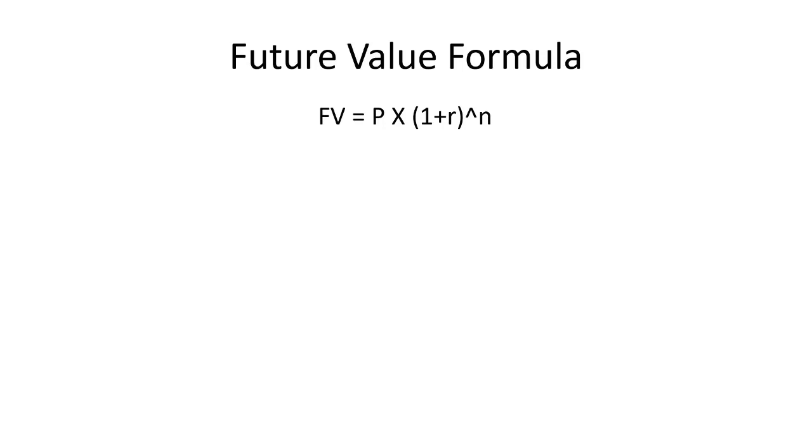If you look at the formula where future value is equal to principal, which is basically the current value, also called present value, multiplied by 1 plus r raised to n, what we have to do here is find the present value. So let's solve this equation.